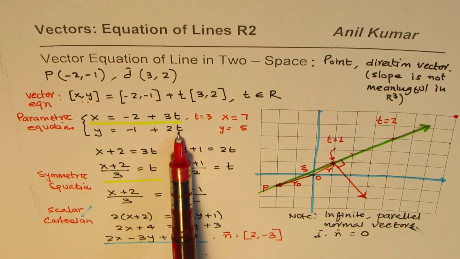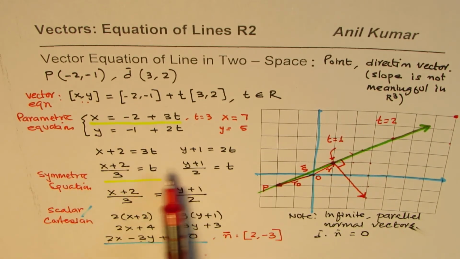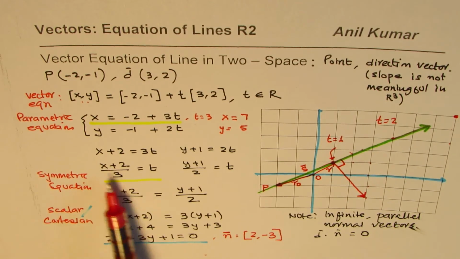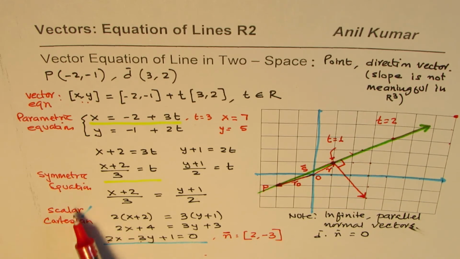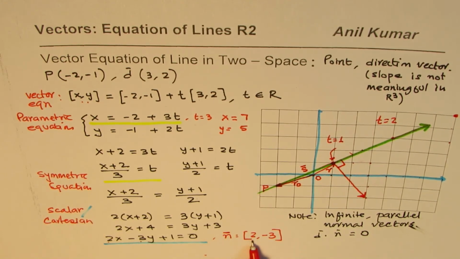If you isolate t and equate the two, you get the symmetric equation, which is right there. If you cross multiply and write it in the standard form you learned earlier, it is called the scalar or Cartesian equation. From the scalar or Cartesian equation, we can always read the normal.